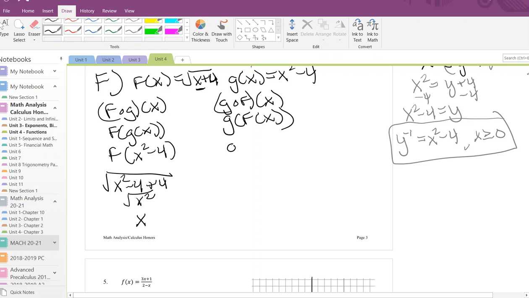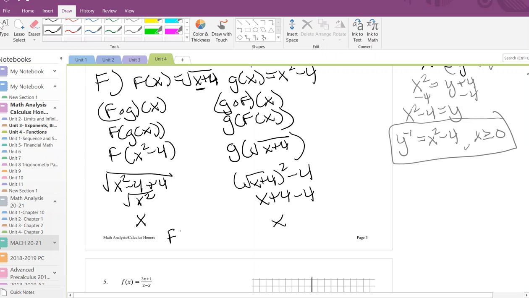So g of f of x, so this f of x is the square root of x plus 4. And then we put the square root of x plus 4 in, so it's going to be the square root of x plus 4 squared minus 4. So it's x plus 4 minus 4, which is x.